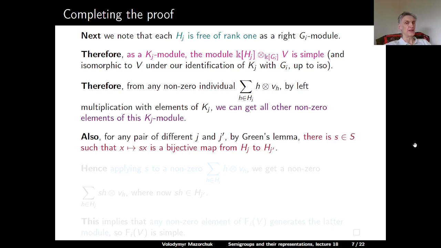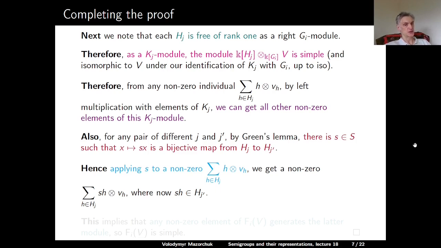Also, for any pair of different j and j prime, by Green's lemma, there is an element s in our semigroup such that the map sending x to sx is a bijective map from Hj to Hj prime. Therefore, applying s to our sum, we get a similar sum with an element s on the left, but now in the original sum h belongs to Hj, and in the new sum sh belongs to Hj prime.